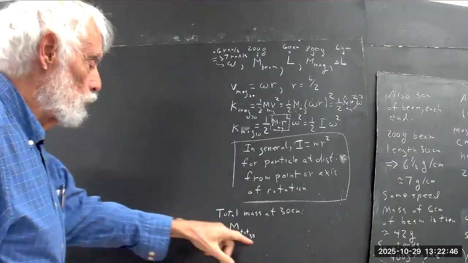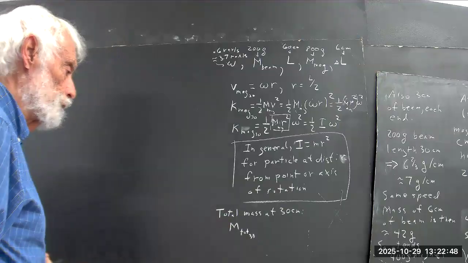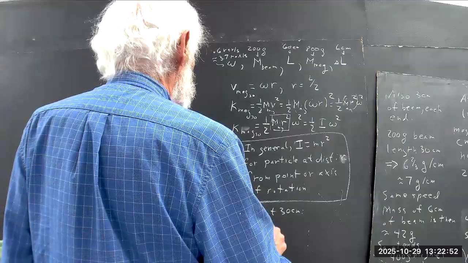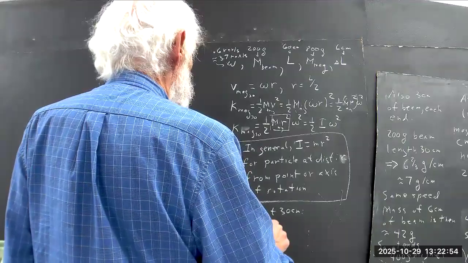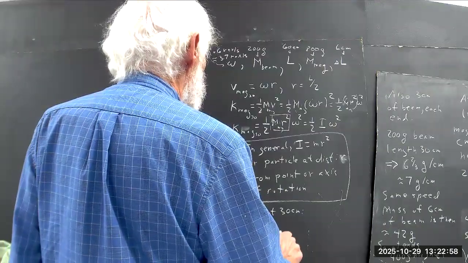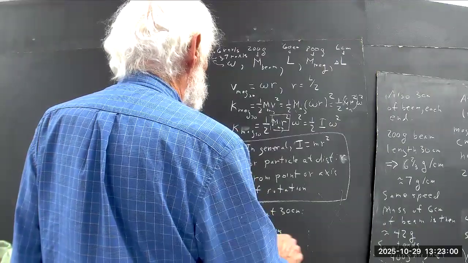I'll call this M total 30, the total mass at 30 centimeters, equals the total mass of the magnets at 30 centimeters.